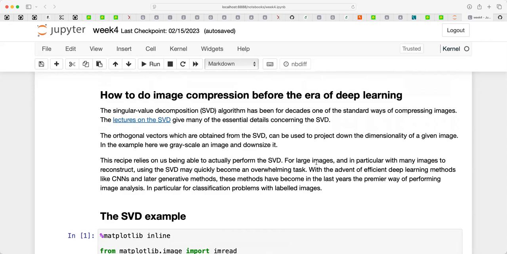There is an example here on how you can compress the size of an image. You would then store only that compressed image, but in order to be able to reconstruct it, you would have to keep track of the singular value decomposed vectors and the singular values themselves.